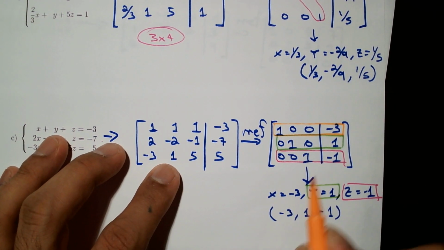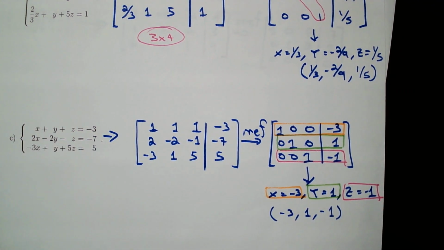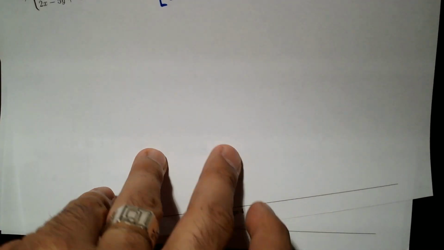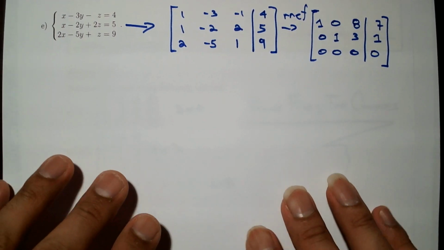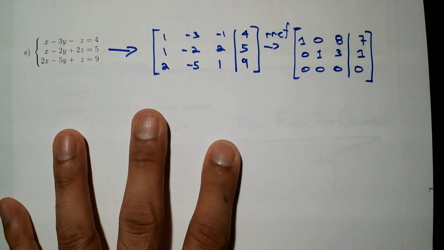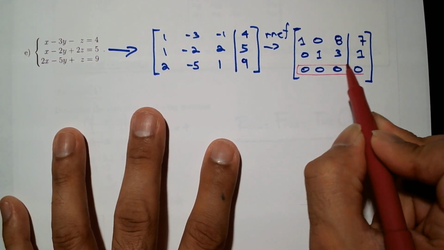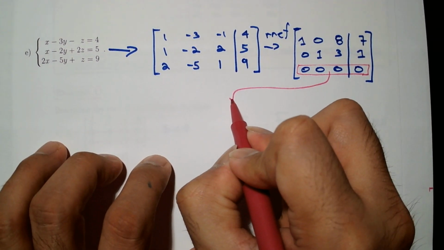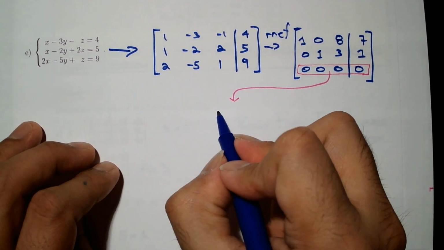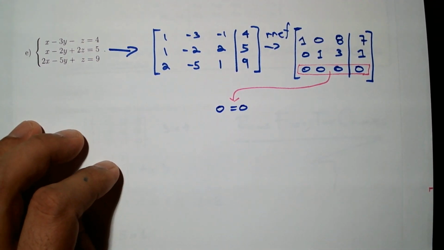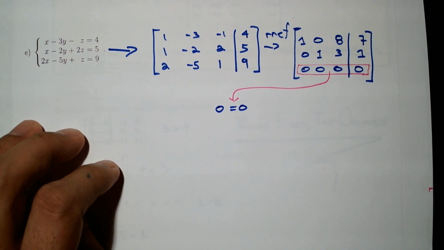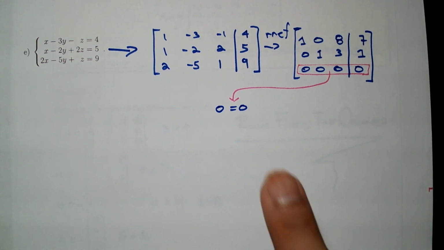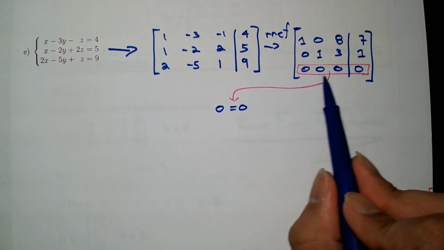The first row decodes the x's, okay? But the weird thing about this last example is, what is this last row telling us? Well, this is essentially telling us that 0 equals 0, but notice this comes from the third row, the one that decodes the z's.